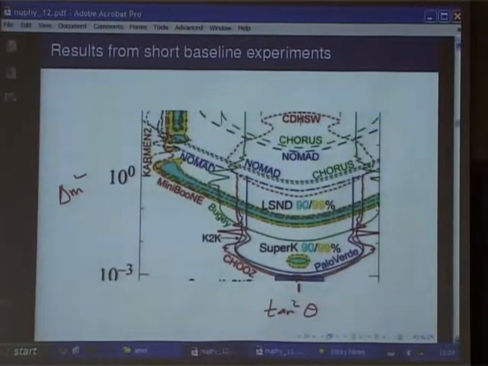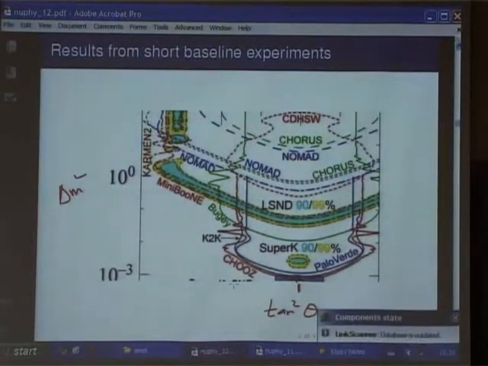Another experiment called CDHSW. Let's not go into that. You also see this thing called KARMEN 2, which is also something that goes to a peak and then oscillates. So all these experiments were done in parallel with different levels of L and E and had different constraints. Essentially, they told us that whatever lies to the right of these lines is going to be ruled out. So they rule out some value of tan square theta, but ruling out depends on the value of delta m square.